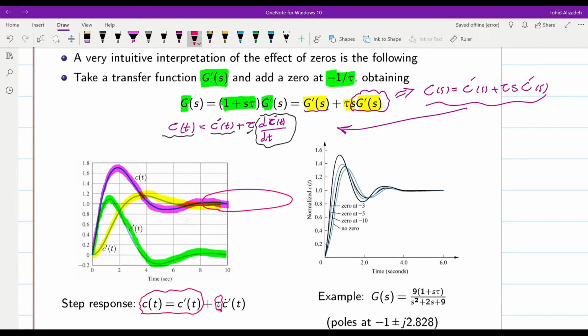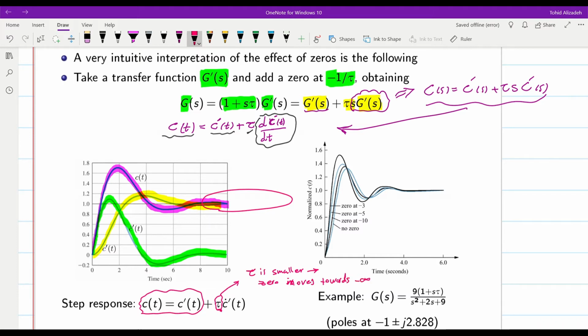And when tau is smaller, it means that the additional 0 is moving further from the origin. So the 0 moves towards minus infinity.